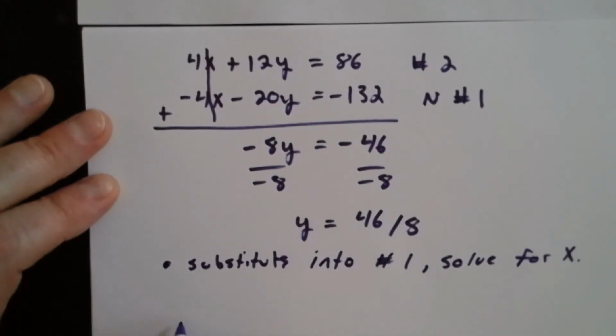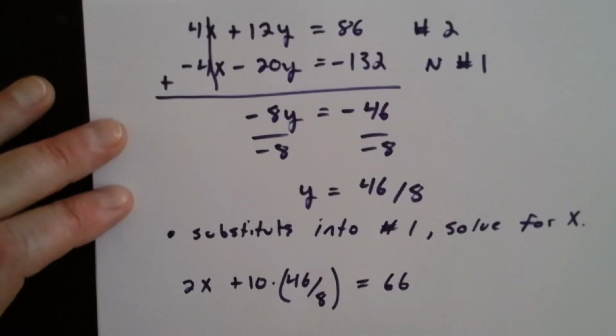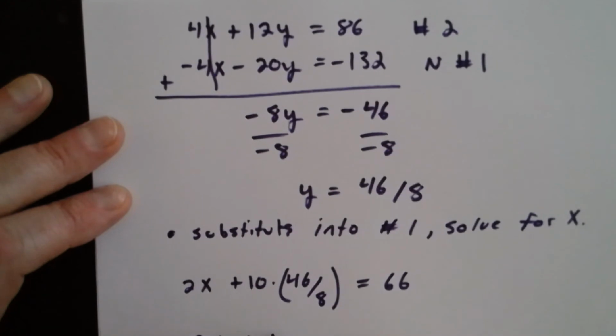So our number 1 is going to be 2x plus 10 times 46 over 8 is equal to 66. 2x, 10 times 46 is 460. So 2x plus 460 over 8 is equal to 66.